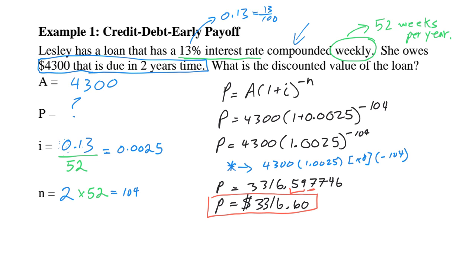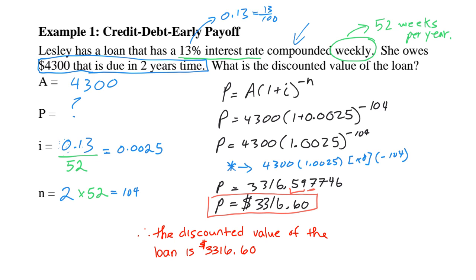And then I want you to put this final statement: The discounted value of the loan is $3,316.60, and that's if we pay it 2 years early. So that is the discounted loan.